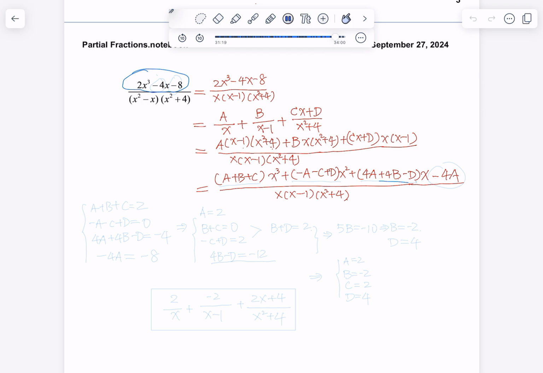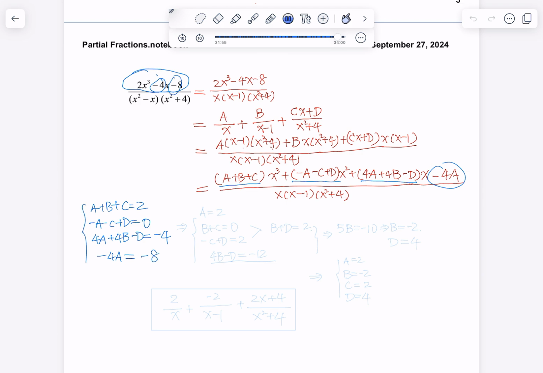We would have A plus B plus C equals 2, minus A minus C plus D would equal 0 because there's no quadratic term in the original numerator. 4A minus D would equal minus 4 here, and minus 4A would equal minus 8.